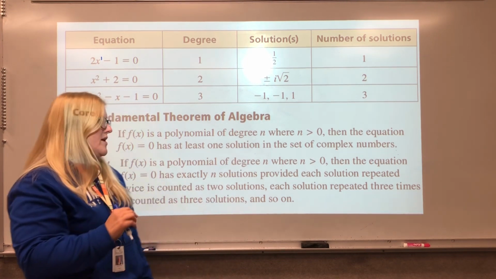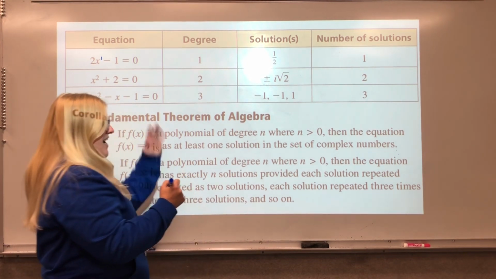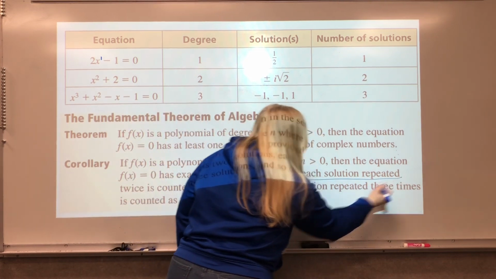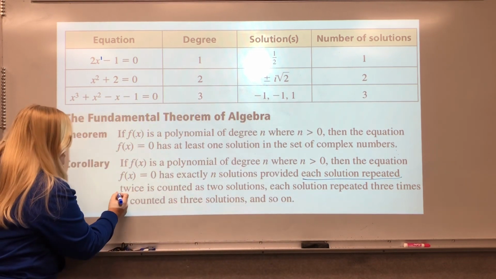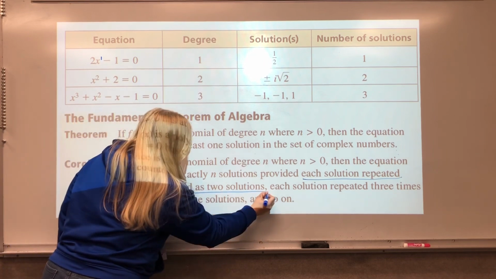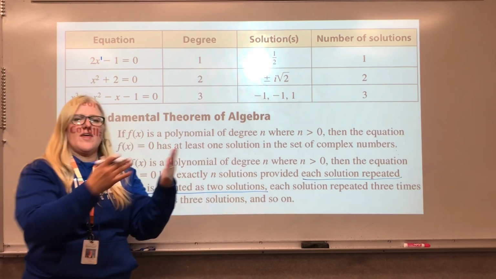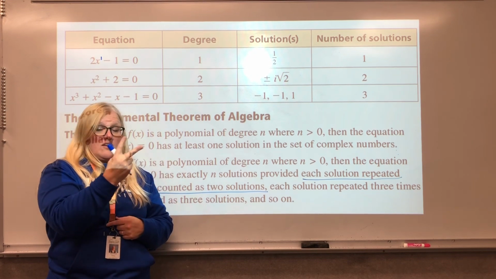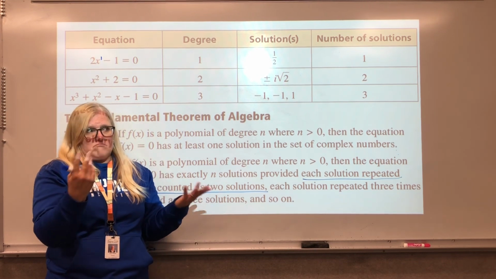One thing that I do want to point out here though, and I kind of said it already, is that each solution repeated twice is counted as 2 solutions. So that one was -1 and -1 and 1. Those negative ones count twice because we had them twice.